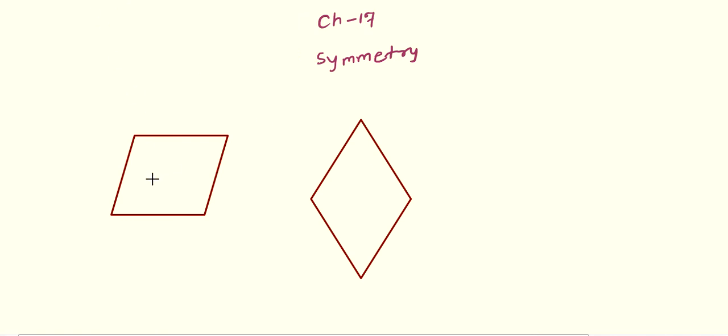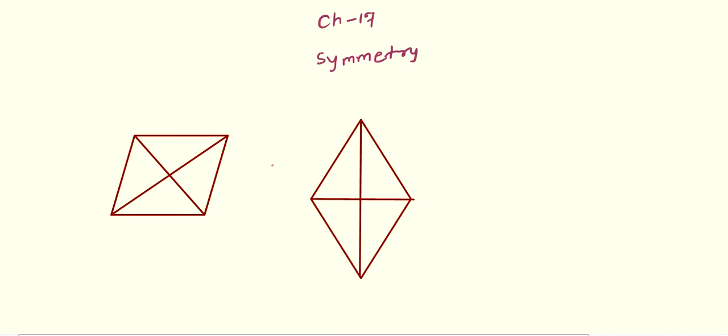So in this, diagonally they are symmetric. In this also, vertical line of symmetry. And this one is horizontal line of symmetry. Okay.